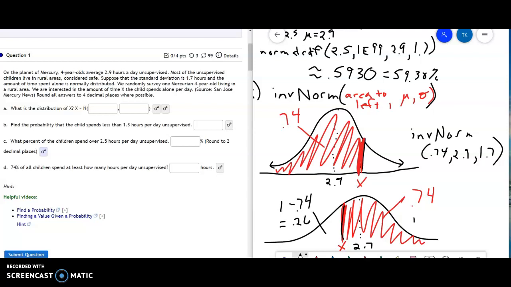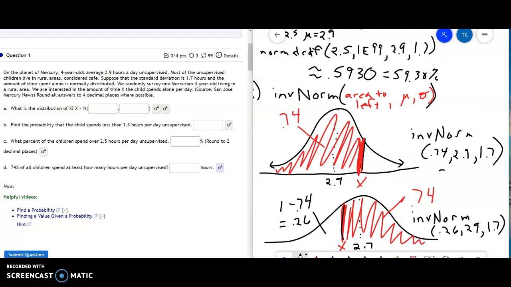So if the bottom picture is appropriate, we would be doing this, okay? So I'm just trying to pose the way that if you're looking at this and you're thinking, well, I don't know which way is the right way, think of it this way, okay? So type in both of these into your calculator. And again, this inverse norm is located in the same place as the normal CDF.